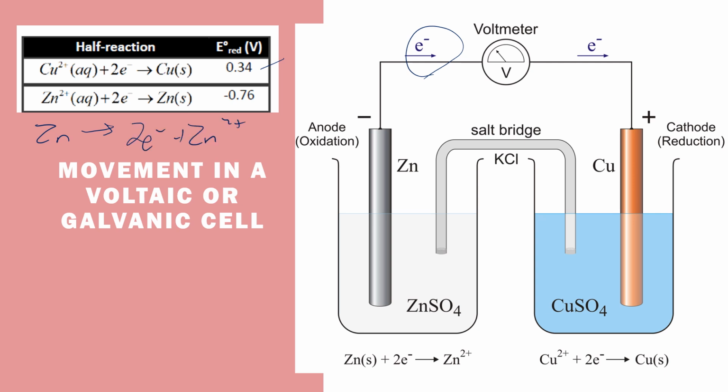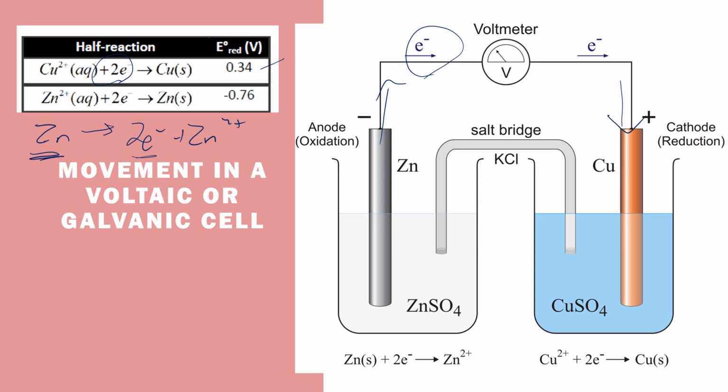I flipped that. So the zinc loses its electrons, releases them, they go up the wire, and they travel around to the copper. Well, copper needs to gain electrons, so that's why the electrons travel in that direction. You will be asked to label diagrams like this for the movement of electrons.